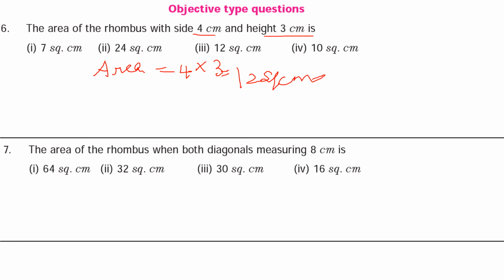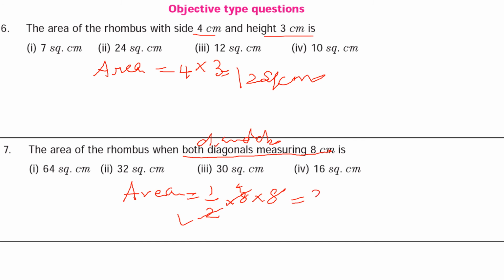The area of a rhombus when both diagonals measure 8 centimeter. Both diagonals means D1 and D2 are the same. So area of a rhombus is half into D1 into D2 square units. So we write half into 8 into 8. So 1 2 is 2, 4 2s are 8. 4 8s are 32 square centimeter.